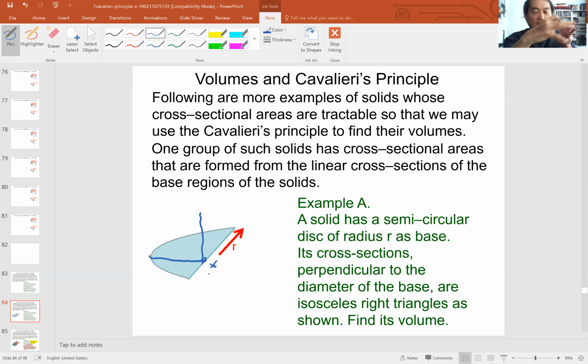Imagine there's an invisible volume sitting in front of me, and you take a knife and slice through it, and you can see the boundary of the part you slice through. It's this and that. It's a right triangle. And isosceles means these two are the same length.